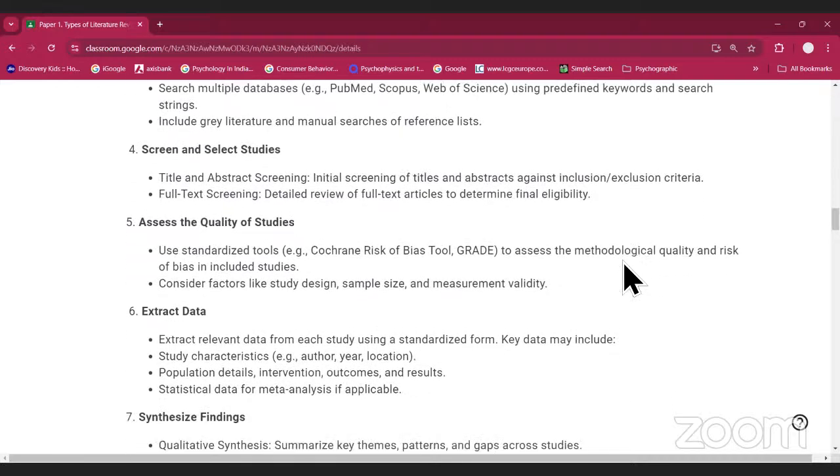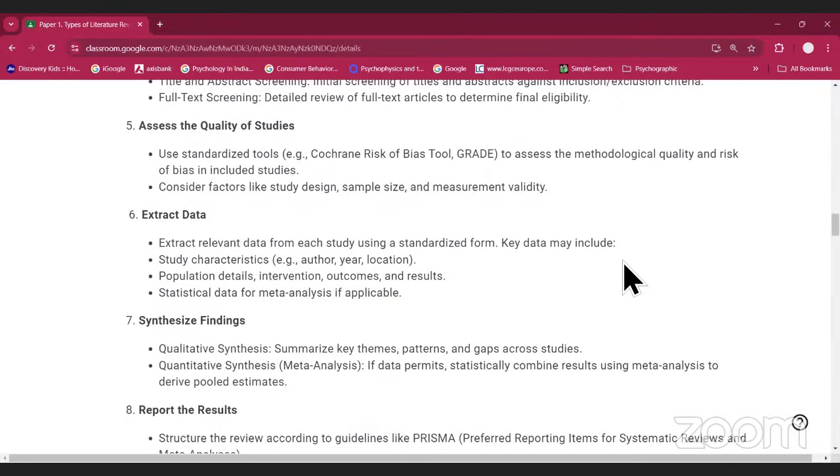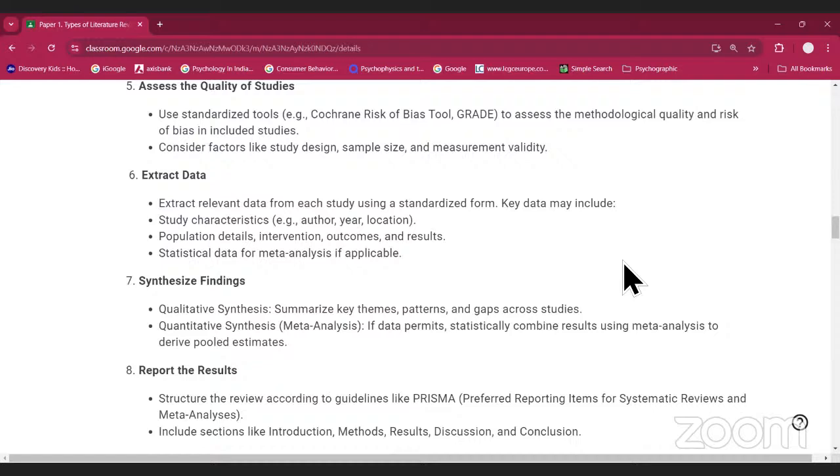Extract relevant data from each study using a standardized form. Key data may include study characteristics such as author, year, location, population details, intervention, outcomes, and results, statistical data for meta-analysis if applicable.